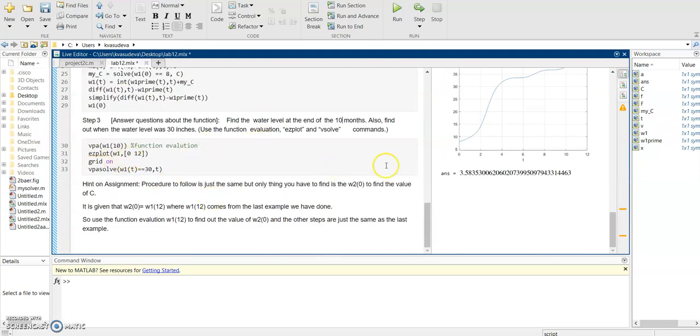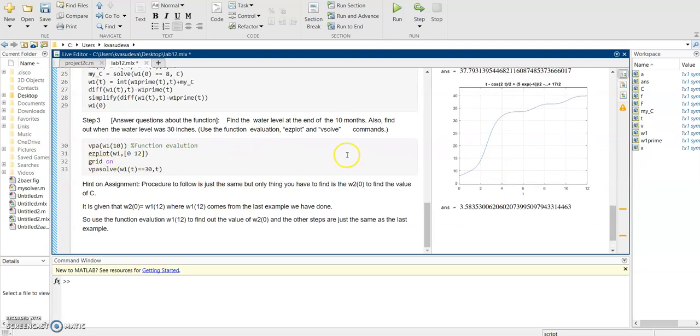Then I am trying to plot this just to check the second part of the question: find out when the water level was 30 inches, which means you have to find the time t at which the water level is 30 inches. So I'm going to say w1 of t equals 30, and I'm solving it for t using vpa solve, and it turns out to be 3.5835.